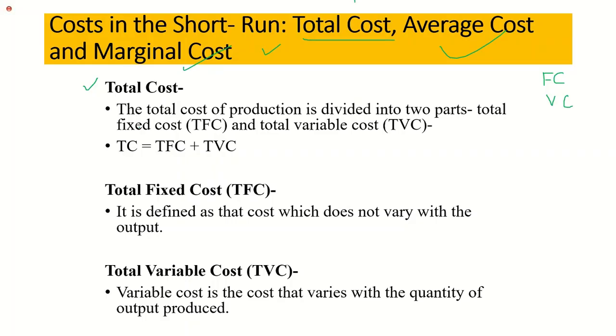The total cost of production is divided into two parts: fixed cost and variable cost. We discussed that. So this is what you see here. The total cost of production equals total fixed cost plus total variable cost. This is what we discussed a little while ago. So just have a read.